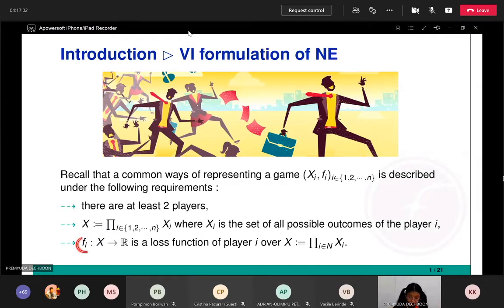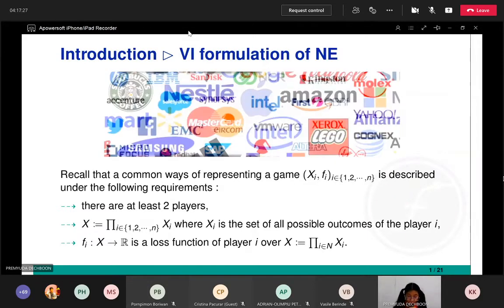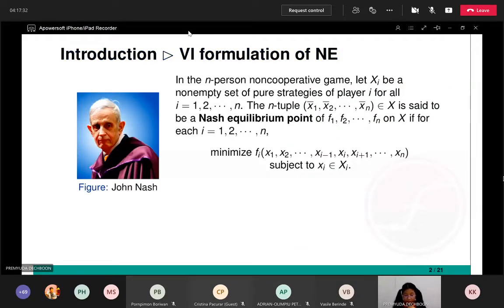When we consider the loss function of each player, it means that the strategy sets of all players need to be considered as well. So we consider the set X, which is the product of all xi, the strategy set for each player. And the mapping fi maps to the real numbers. So that we can write it in a mathematical way. That is, John Nash gave us the definition of the Nash equilibrium point.